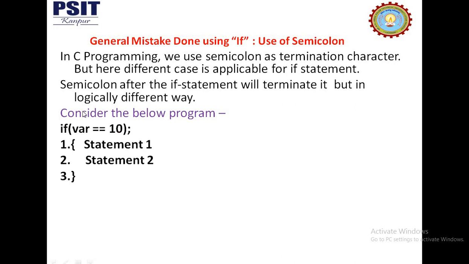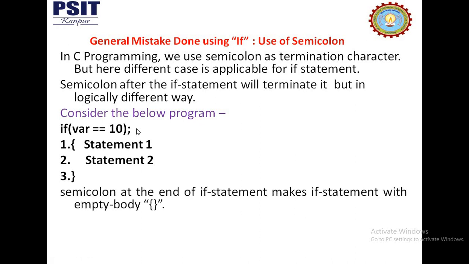So this is your statement: if variable equal to 10 semicolon. This semicolon is actually detaching the body, which has statement 1 and statement 2. These statements are attached to the if condition. If you apply a semicolon here, that semicolon is called an empty body, a null statement.